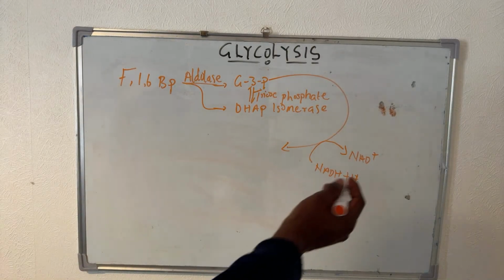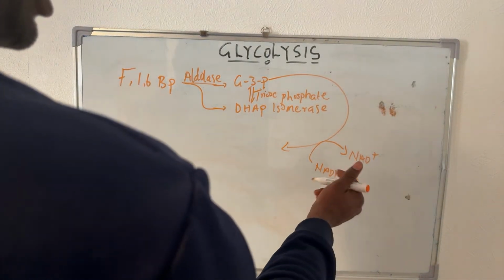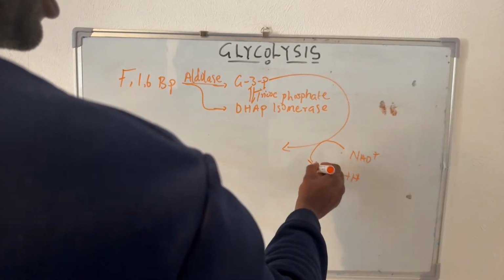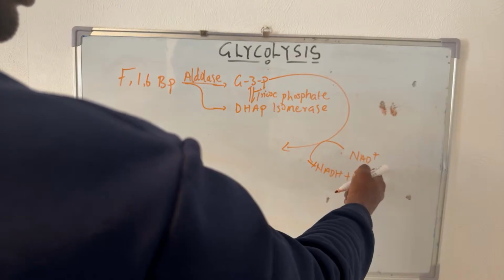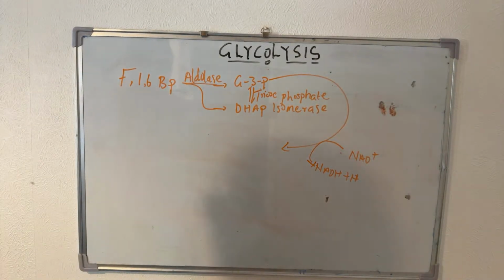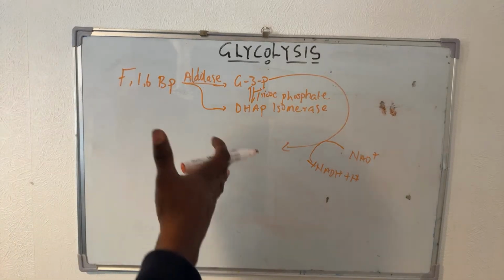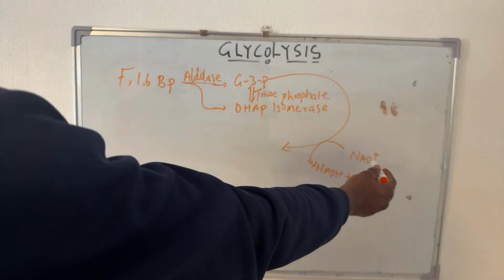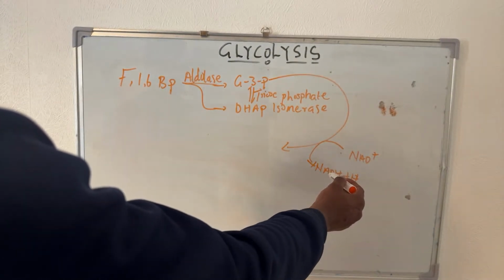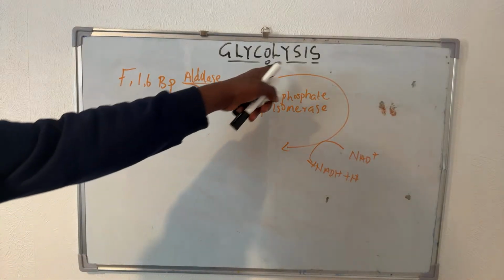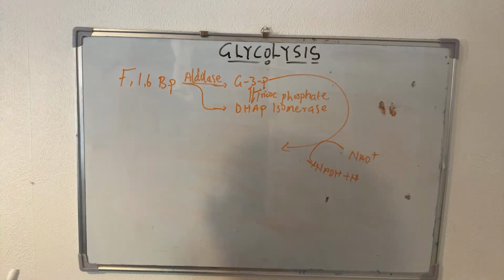What this symbolizes is that hydrogen has been added, so it has been reduced. From your knowledge of redox reactions, they are opposites. So if this is reduced by addition of hydrogen, it means that the other will equally be oxidized.